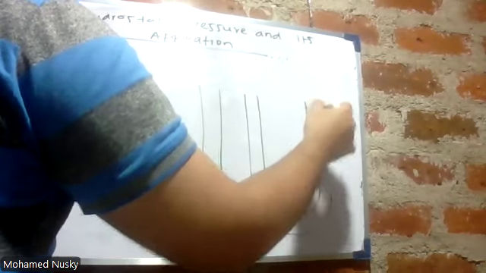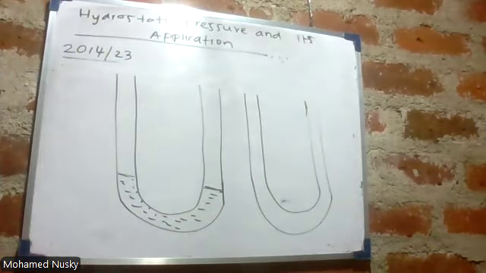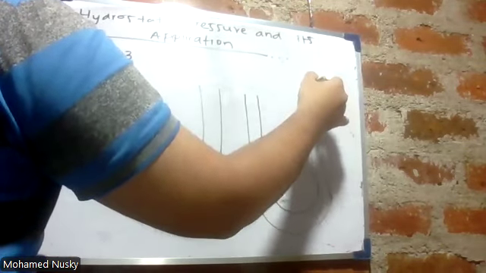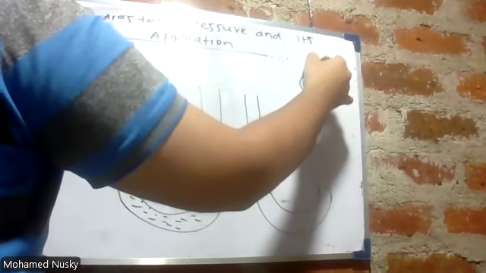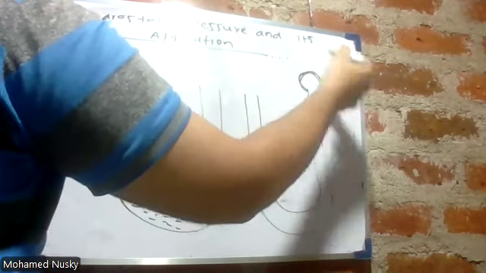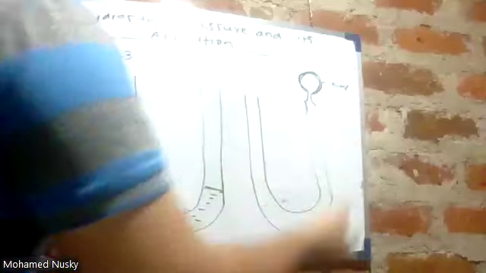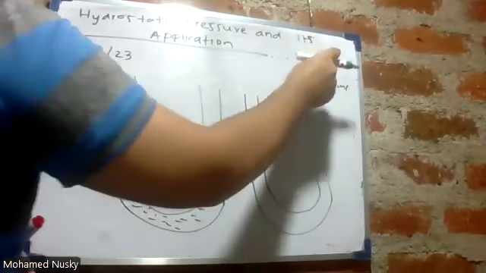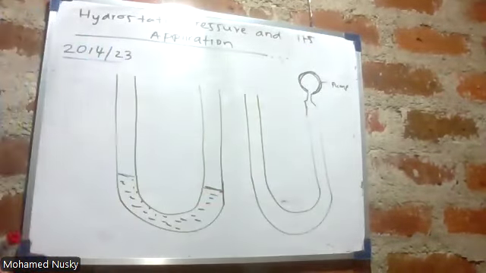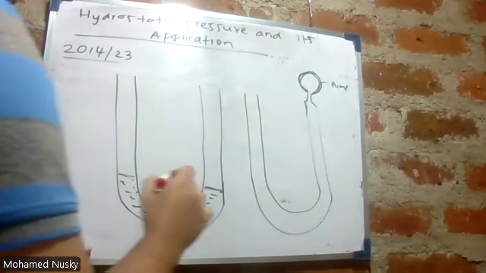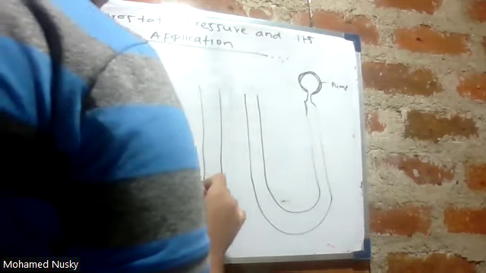With the use of a pump, I'm going to increase the pressure. I'm going to pump this and increase the pressure. So now what will happen? Here is the initial water level, right?